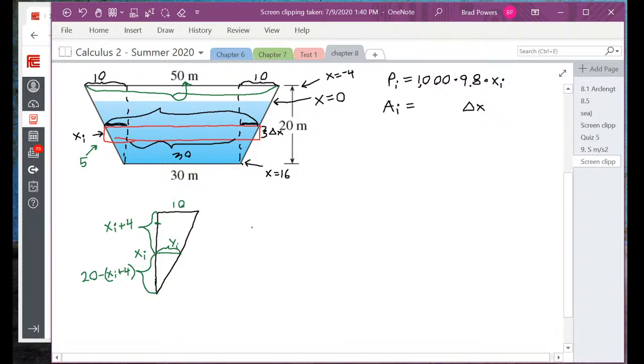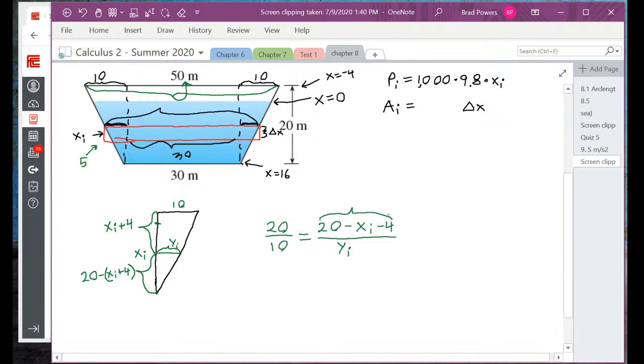So let's write it out now. Well, the whole thing before was 20. So that's easy. So I got 20 over 10 is equal to this piece, which is 20 minus x sub I minus 4, over y sub I.